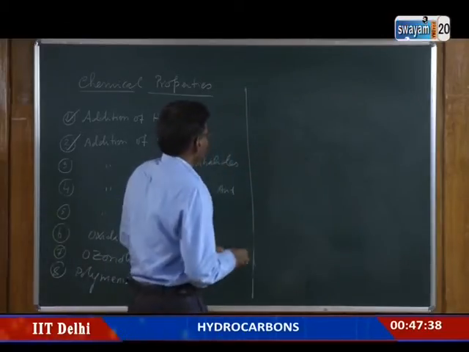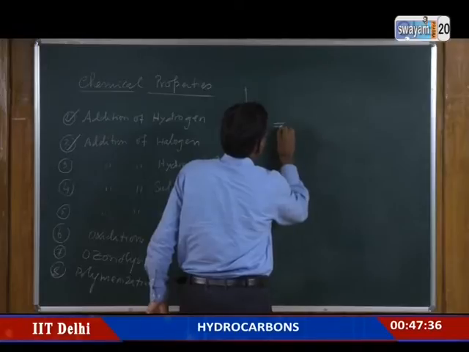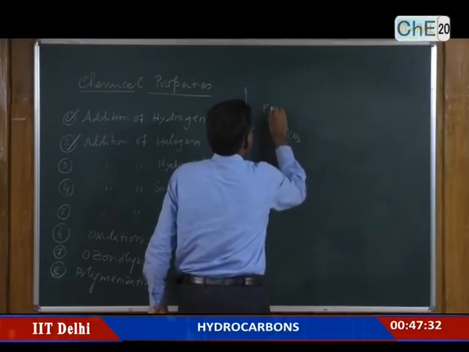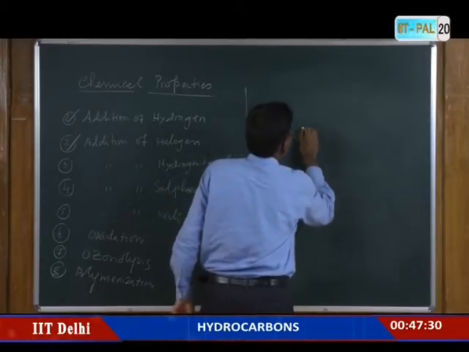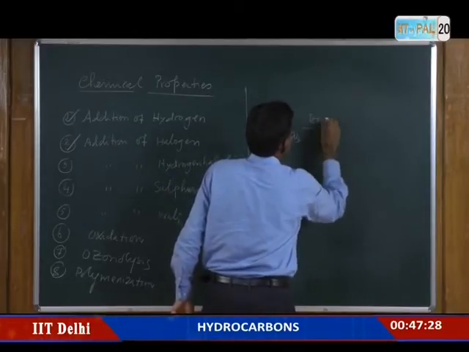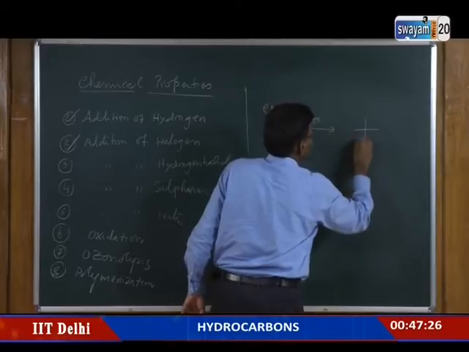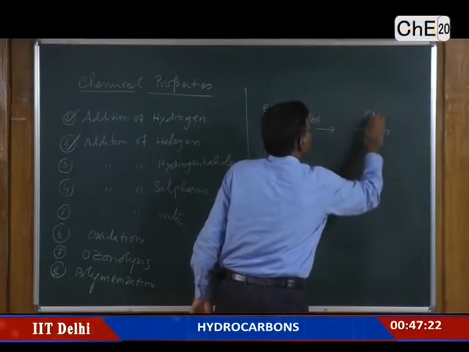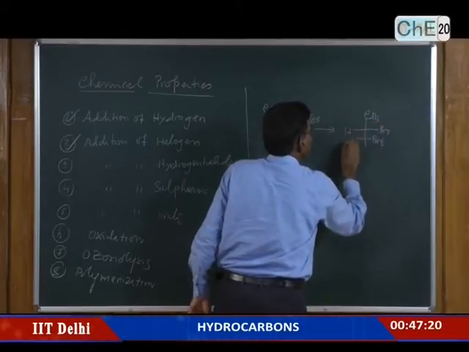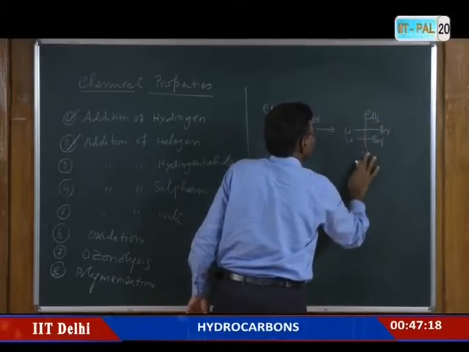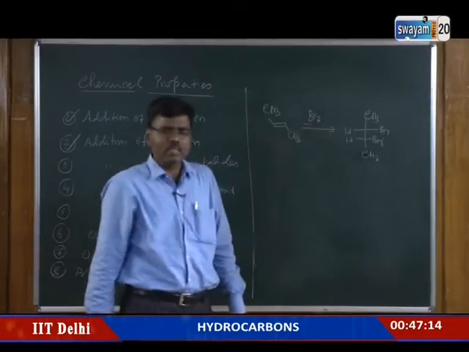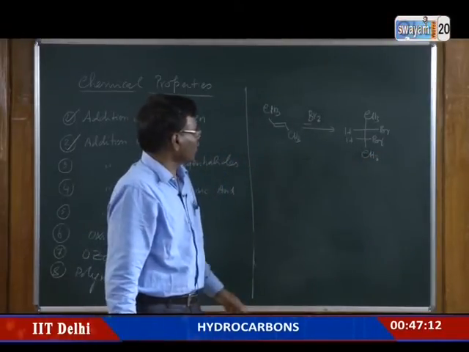Suppose you react this alkene, trans-2-butene, with the bromine, you will get this 2,3-dibromobutane.